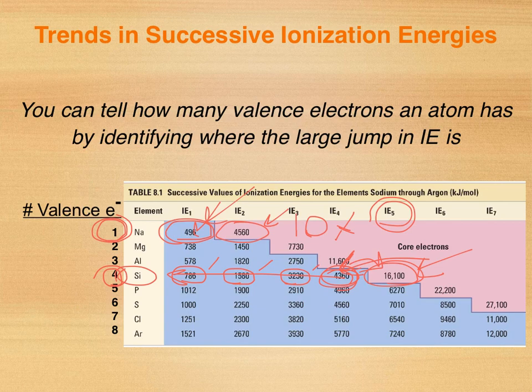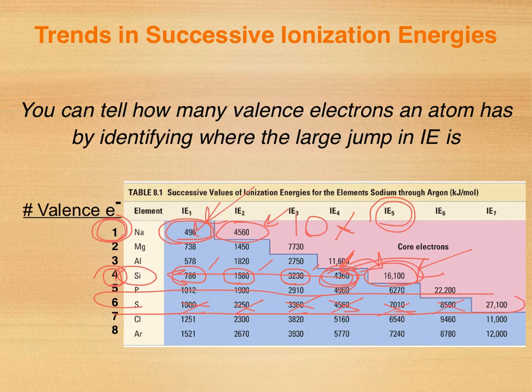So let's look at this and say you don't know what this element is, but I gave you a chart of all these ionization energies and said, how many valence electrons does this element have? Well, the ones that increase by only a little, 50% or something, are typically valence electrons.